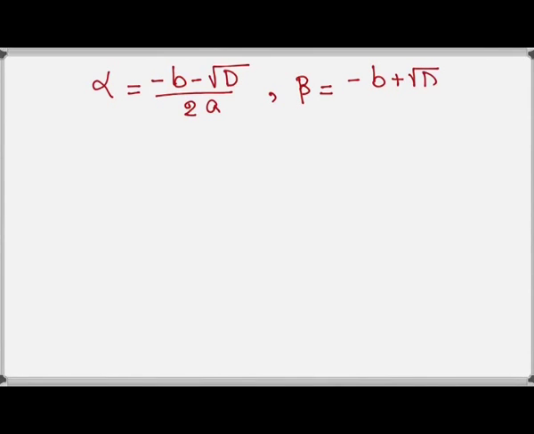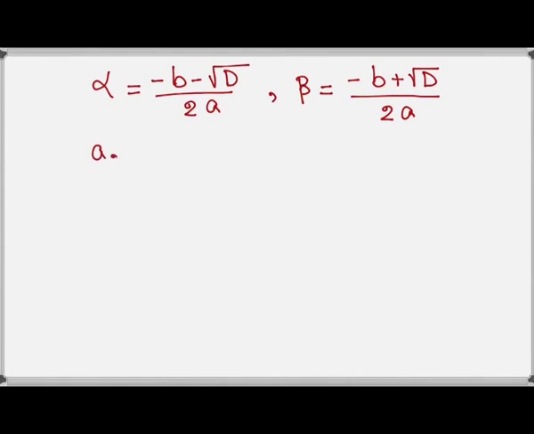So if we write using the notation d, then we have alpha is equal to minus b minus square root of d divided by 2a, and beta is equal to minus b plus square root of d divided by 2a.